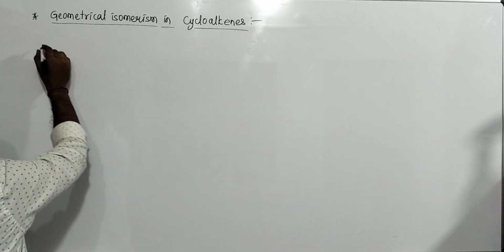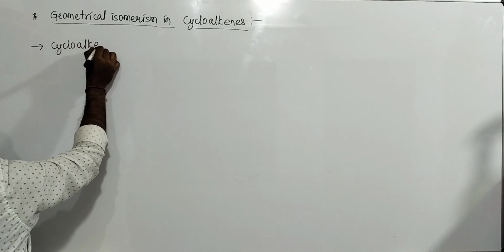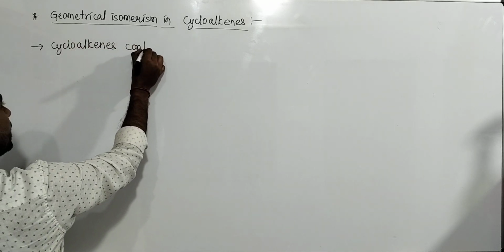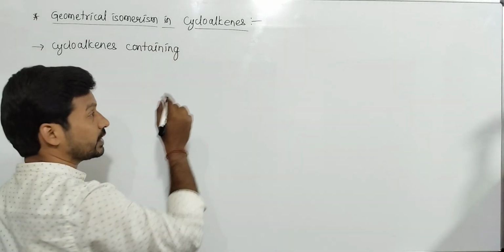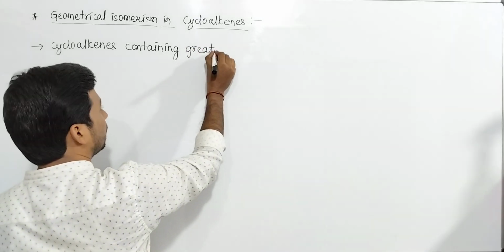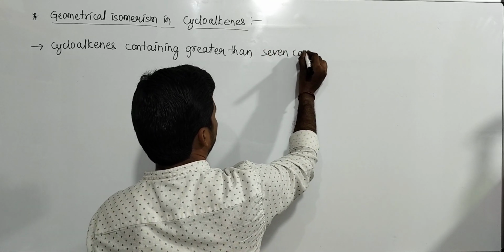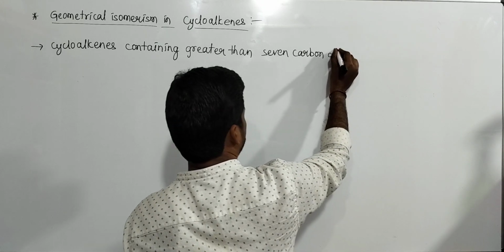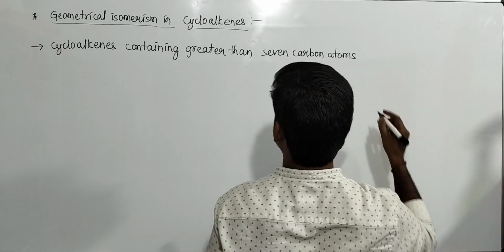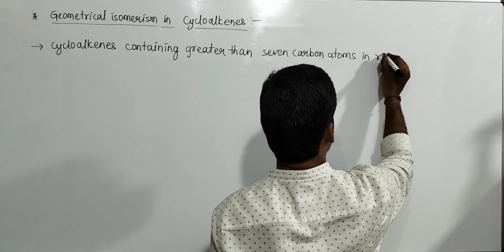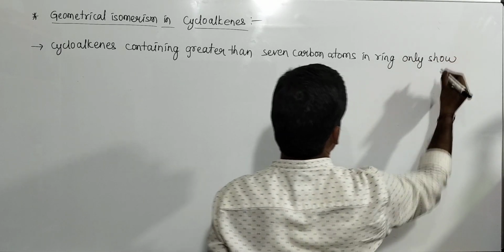Geometrical isomerism in cycloalkenes containing greater than 7 carbon atoms in the ring only shows geometrical isomerism.